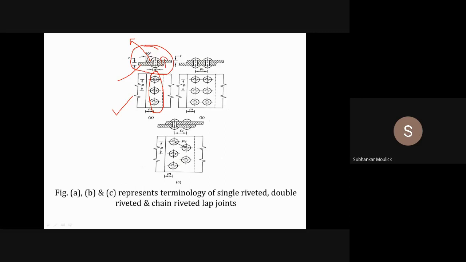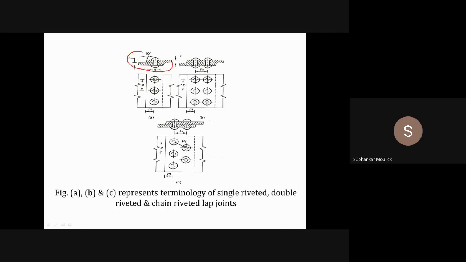Then in the top view, you can see again one row of rivet. Then the center distance between the two rows is known as your back pitch or transverse pitch. But in the first diagram, in this particular figure, this is what?